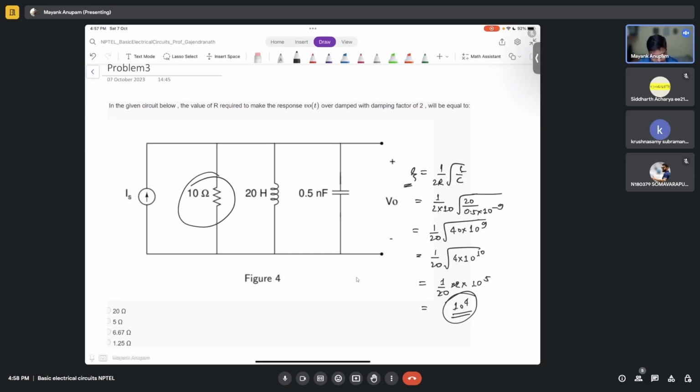Have I made a calculation mistake somewhere? I have a doubt. Zeta normally does not come in terms of 10,000 or 1,000 just like that. No, it can come, that depends upon the values. So have I made a mistake somewhere in the calculation? No, sir. Check it out. It is 2 into R, which is 10, and this is root of L by C. It's 10,000 only, sir.